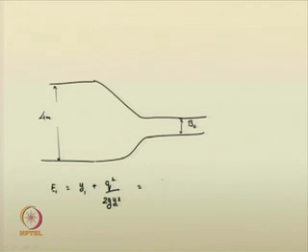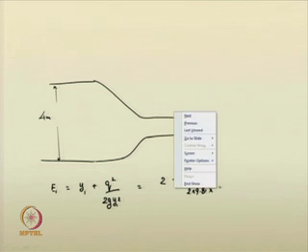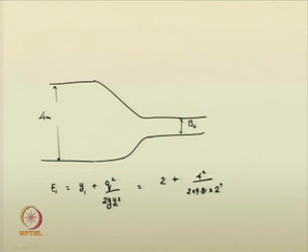I can write this as 2 plus 4 squared by 2 into 9.81 into 2 squared. You just calculate it, it will come to be around 2.204 meter.